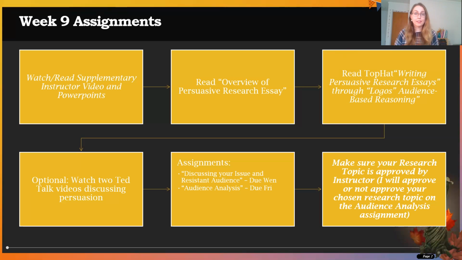Read in your Top Hat text, starting from writing persuasive research essays at the beginning of the chapter through logos audience-based reasoning. And then you have an optional reading, watching the 2 TED Talk discussion videos that discuss persuasion and argumentative reasoning. You'll see those posted under week 9 this week.